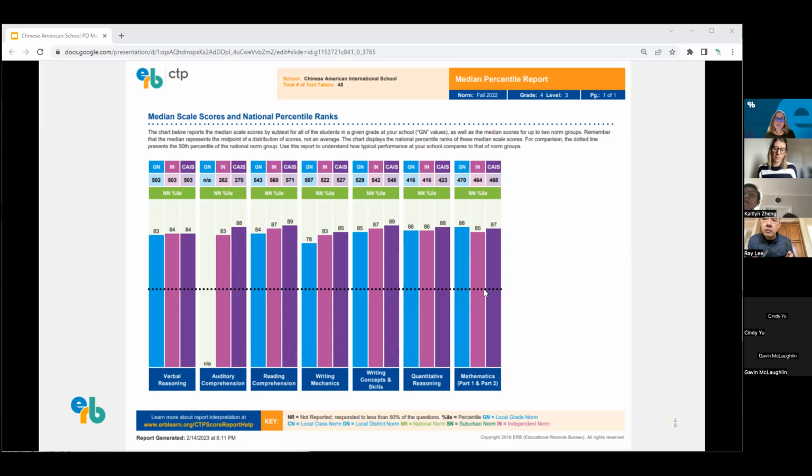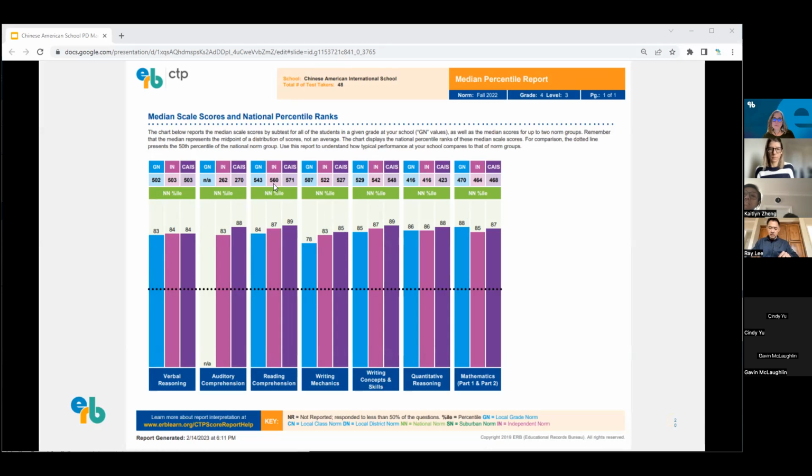So the national norm on the actual chart is this black dotted line right here in the center. By and far, your Case students are far above the national norm, but really on par. And I know we see some differences here, but minor differences when we're thinking about statistical change in terms of how your groups are performing.